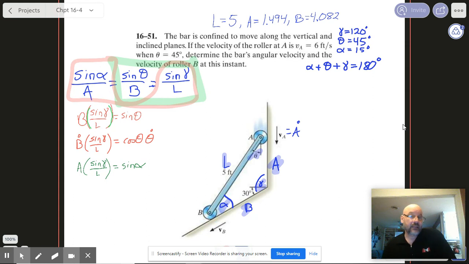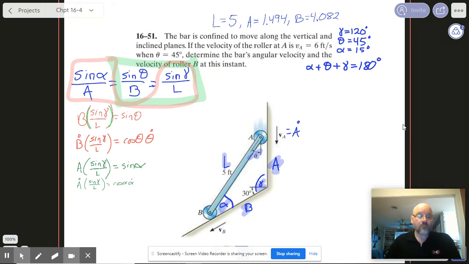Okay, and let's just take derivatives and we'll see what happens. Play that game all over again here. So that gives us A dot over sine gamma over L, and that's going to be equal to cosine alpha alpha dot.